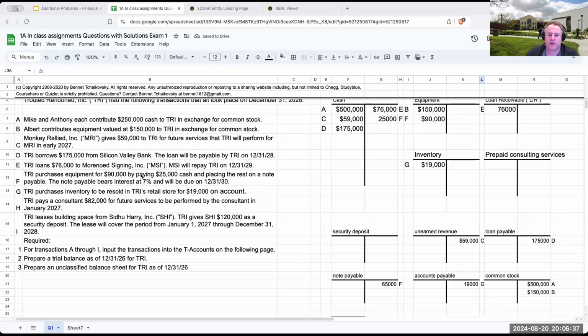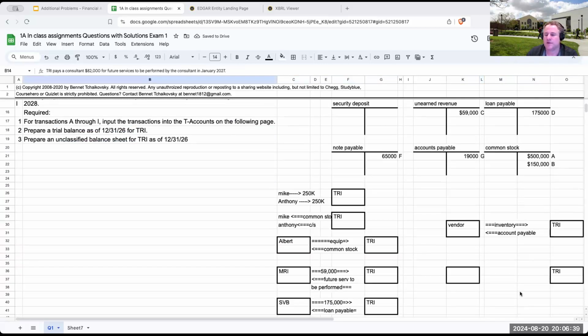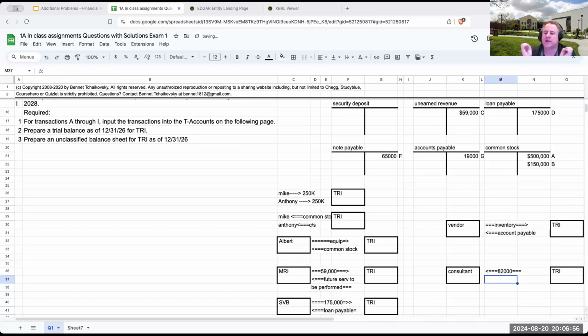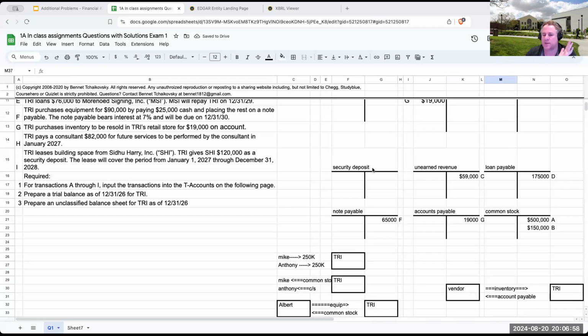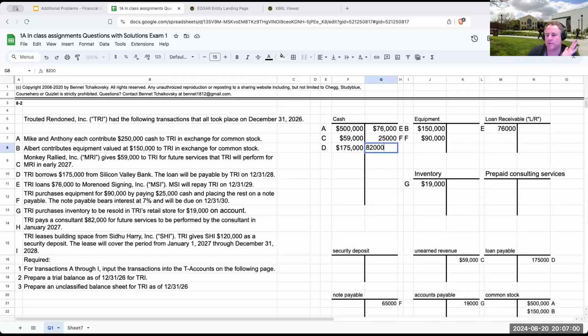I'm giving them $82,000 cash, so for TRI, my cash is going down. So I'm going to come up here and credit cash for 82,000.